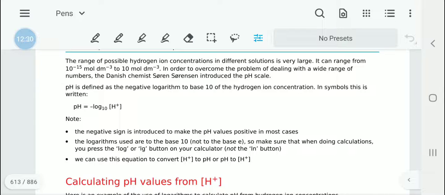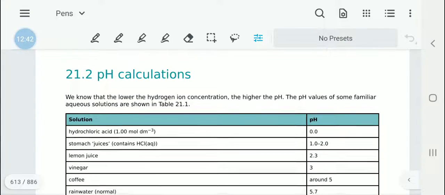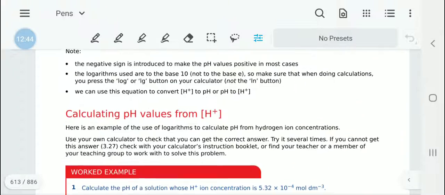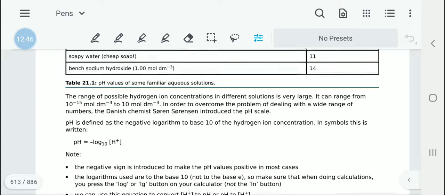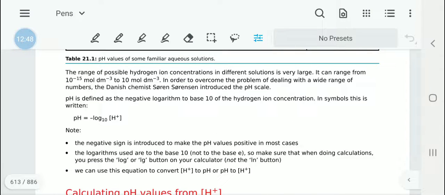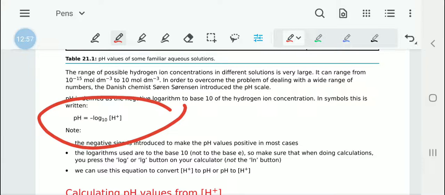We can use this equation to convert H plus ion concentration to pH value, or pH to H plus ion concentration. Write down: pH can be calculated using the formula pH equals negative logarithm of H plus ion concentration to the base 10. This is the formula that you need to write down.